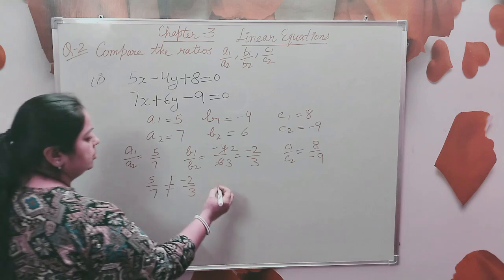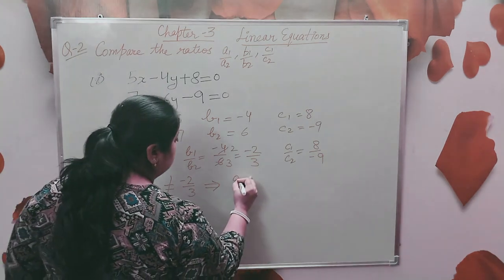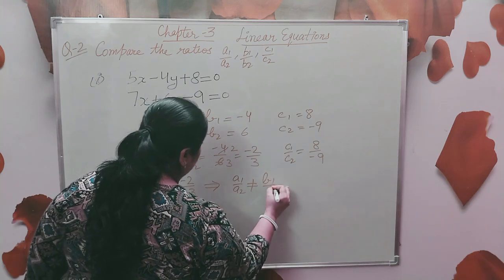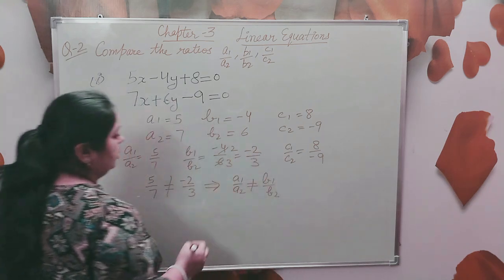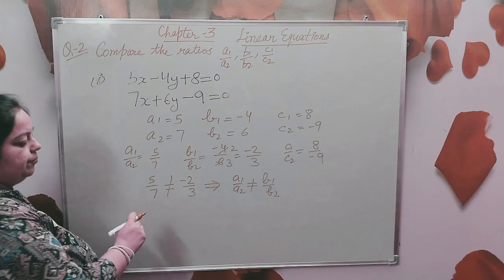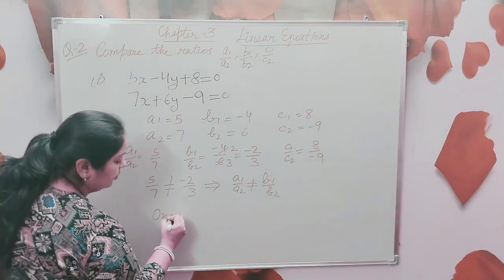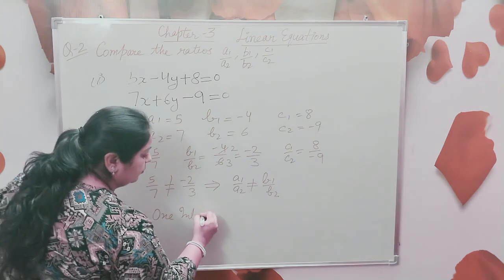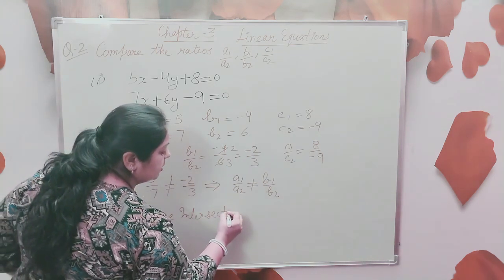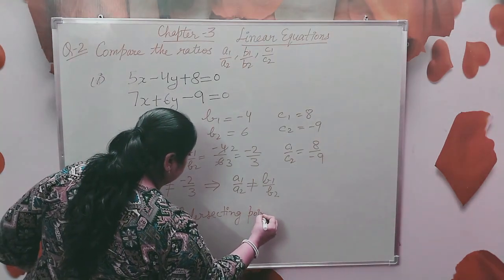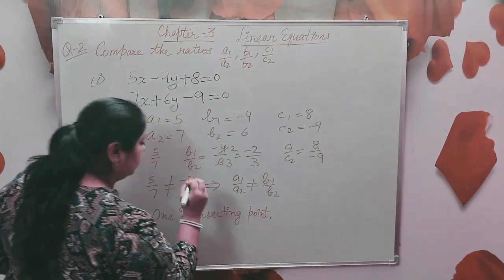This means a1 upon a2 is not equal to b1 upon b2. So in this sum we are having one intersecting point. Okay.